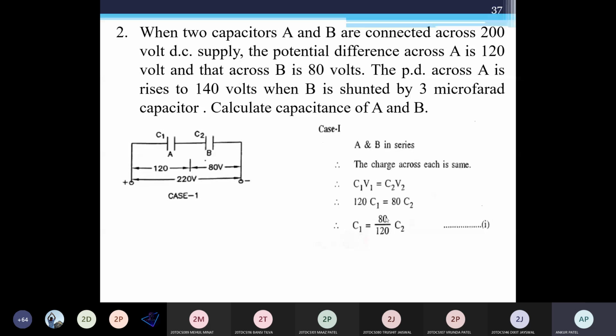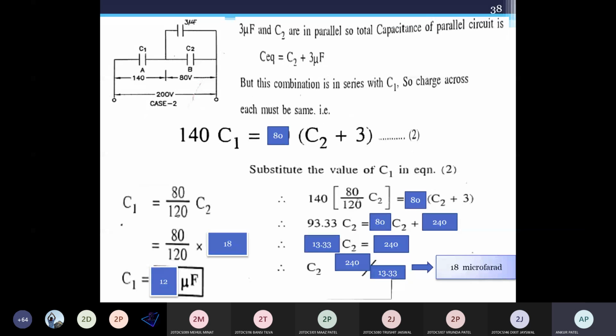This we are substituting in the equation. So 80 upon 120 into C2, we are substituting. So C2 is equal to 18 microfarad.